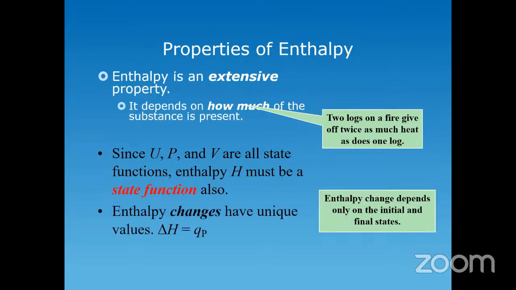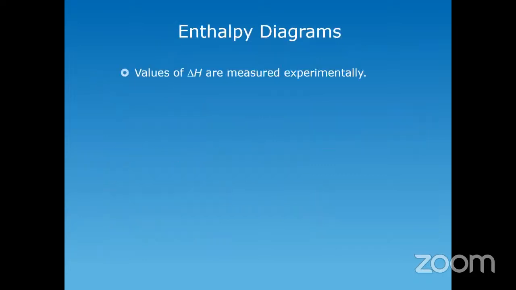And enthalpy changes have unique values, which would have to be determined experimentally, all right? Enthalpy change also depends only on the final and initial state. So basically, it's the final value minus the initial value that gives you the delta H, or the change in enthalpy, all right? Those are some of the properties associated with enthalpies, which will become important when you're doing your calculation.